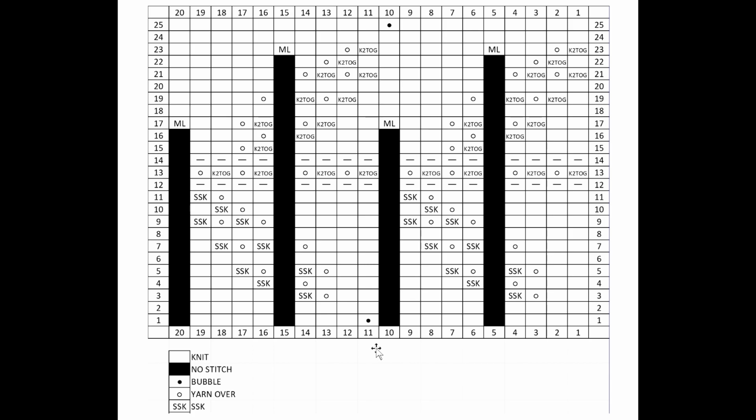If you keep knitting and make the bubble at the 11th stitch, you can't finish this design because there are only 16 stitches, not 20. So I'll tell you the answer.